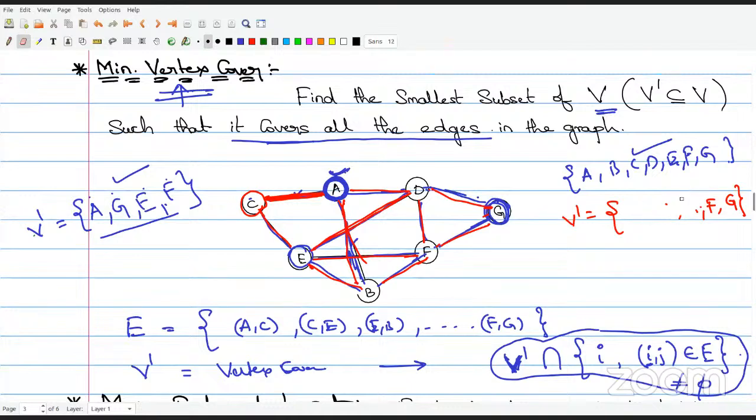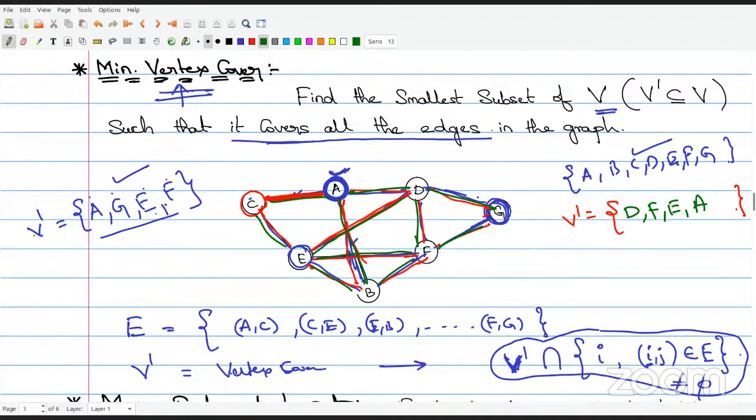Here we have A, G, E, F. I can give you one more minimum vertex cover, which is D, F, E, A. So DFEA is also a minimum vertex cover, and AGEF is also a minimum vertex cover.